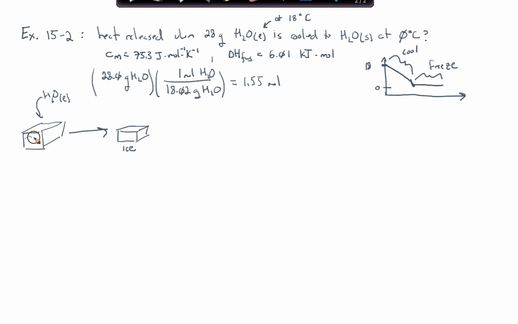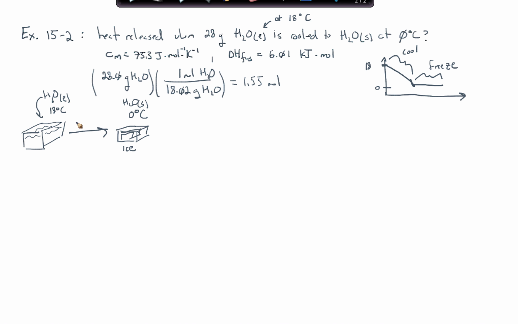So we can show this a little better maybe by putting it in a container, and there's some water in here. And then we're just going to cool that down till it forms a block of ice in here. So this is at 18 degrees Celsius, this is at 0 degrees Celsius, and we're going from H2O liquid to H2O solid.